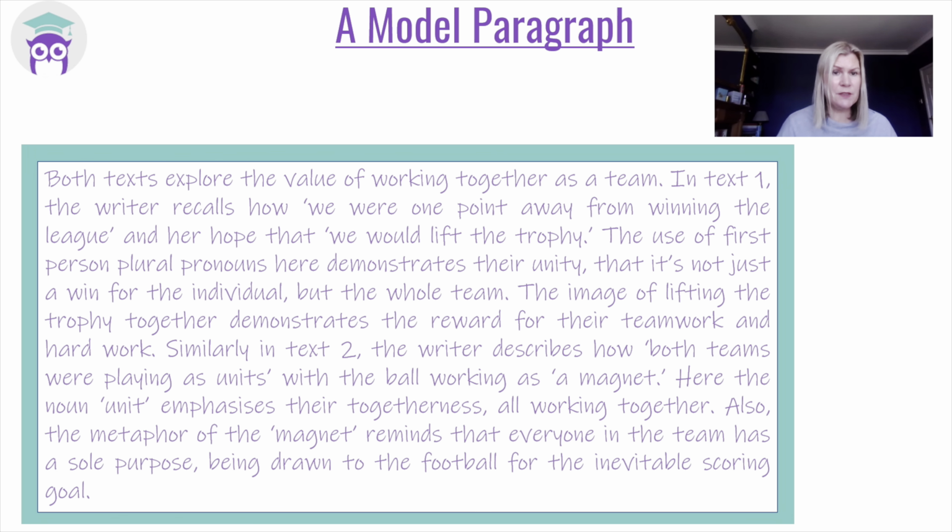The image of lifting the trophy together demonstrates the reward for their teamwork and hard work. Similarly, in text 2, the writer describes how both teams were playing as units, with the ball working as a magnet. Here, the noun unit emphasises their togetherness, all working together. Also, the metaphor of the magnet reminds us that everyone in the team has a sole purpose, being drawn to the football for the inevitable scoring goal.